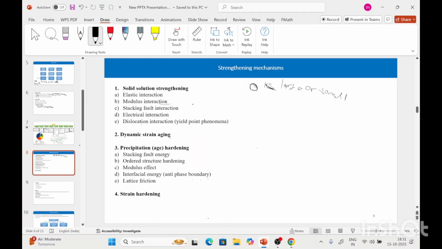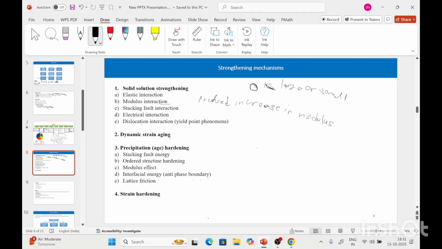Modulus interaction means the alloying element and aluminum atoms have different modulus, so that results in strengthening, through a localized increase in modulus. Further, the stacking fault interaction can result if an alloying element is present and goes to the stacking fault.